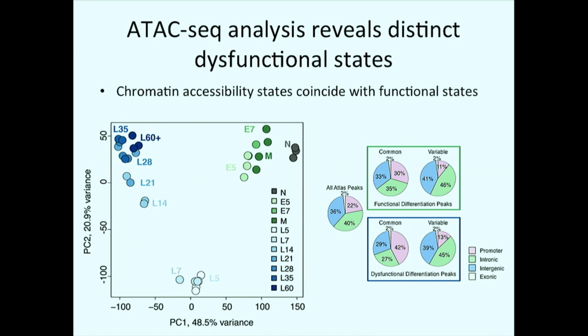All right, so the big picture of this analysis is here. If I represent every experiment, every cell type and replicate, by its accessibility profile across the atlas, and I do PCA, I see that the normal cells are here, naive, effector, memory.